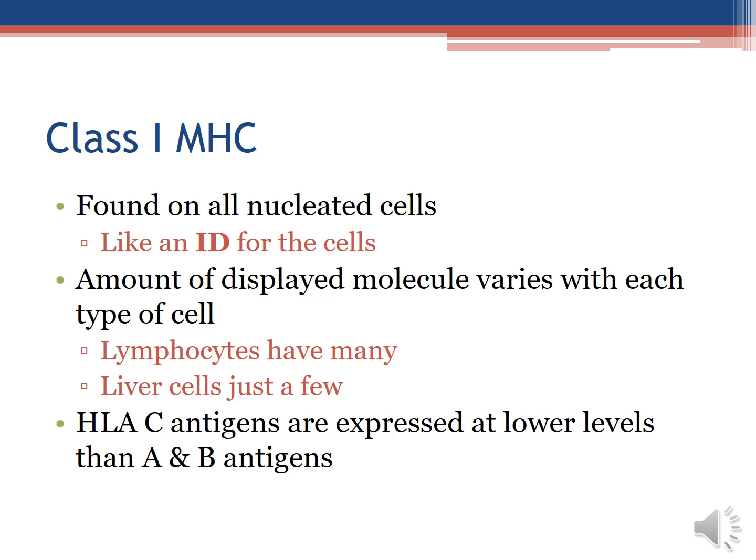Depending on what type of cell it is will determine how much of the molecule is displayed. Lymphocytes have many Class I MHCs on their cell surface, but our liver cells only have a few.